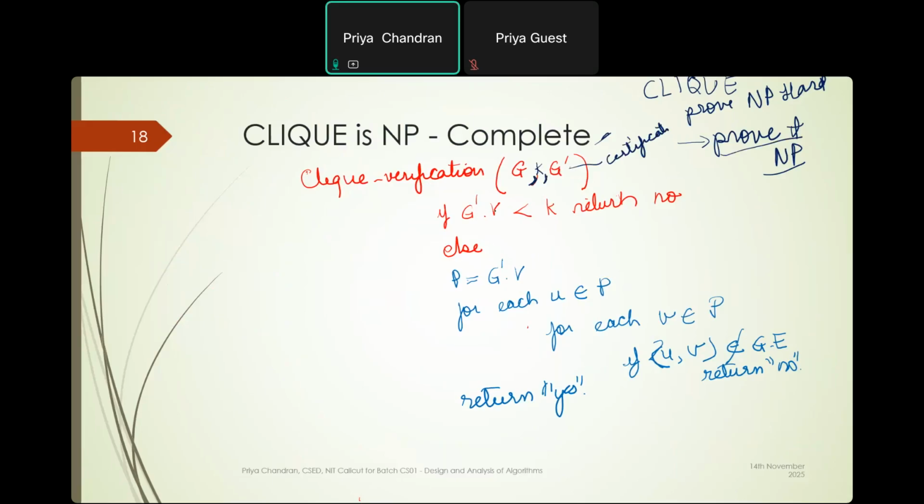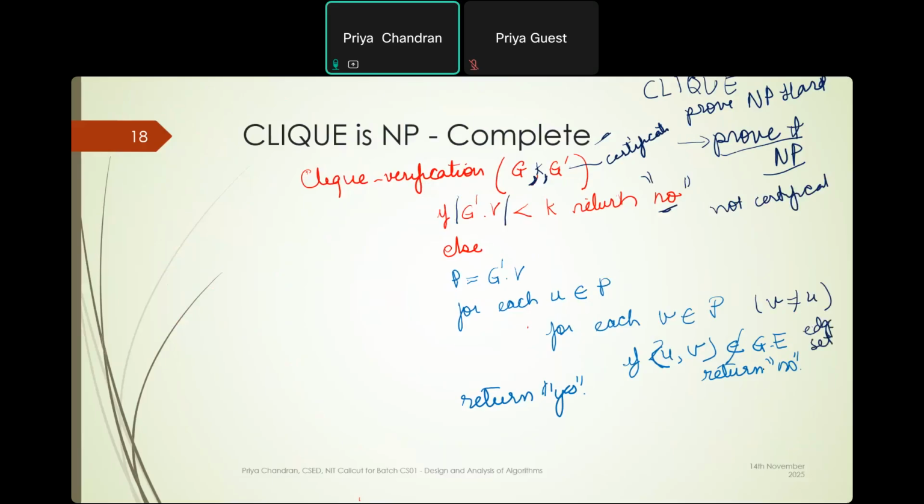So if the size of G dash V is less than K, we return a no. It means that this is not a certificate. Else what we do is we make a set of vertices, and for each U in P and for each V in P, we check whether UV belongs to G dot E, that is the edge set.